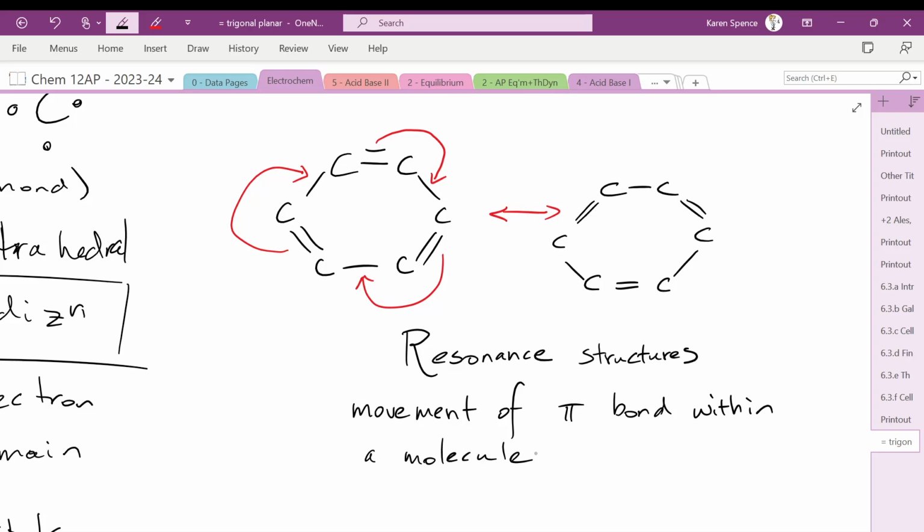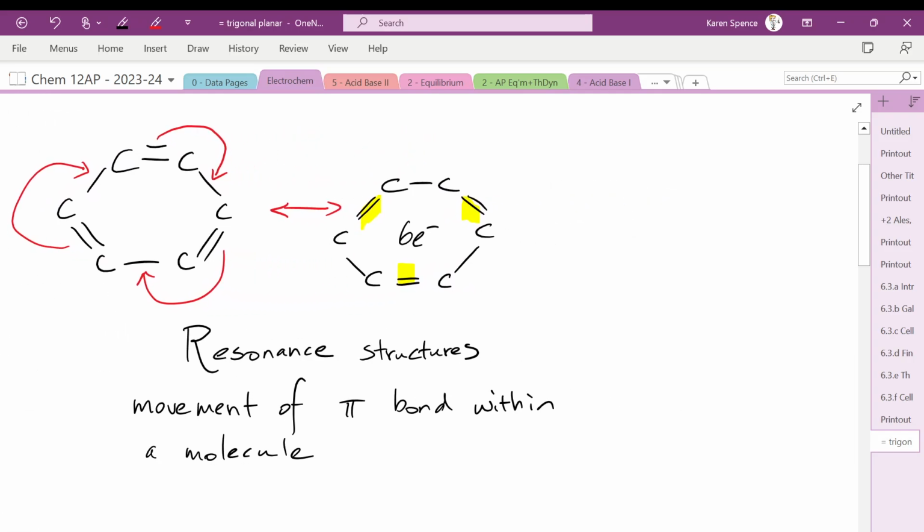Okay, so what we're going to do is take this electron pair, this electron pair, and this electron pair. How many electrons in those 3 pi bonds? 6. We have 6 electrons, yes? Okay, and we're going to spread them out across 6 places.